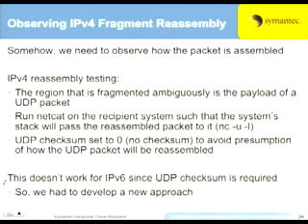Now I'll go into how we did our observations for the IP fragment reassembly for IPv4 and IPv6. For IPv4 we took what's probably a classic approach, in that the region that is fragmented ambiguously is the payload of a UDP packet. Then we ran BlackHat as a listener on the recipient system.